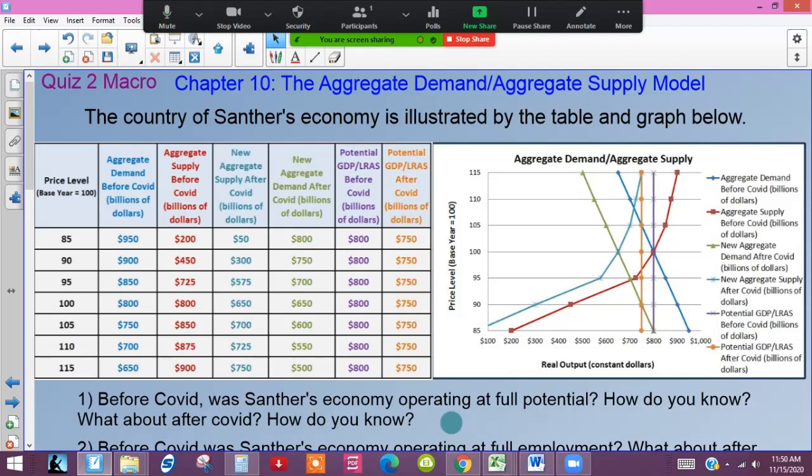It's just that what's going to happen is going to have the exact opposite effect of what we just went over, because obviously a vaccine that's effective, that actually works and everybody gets it, is going to have the opposite effect of the virus making everyone sick.